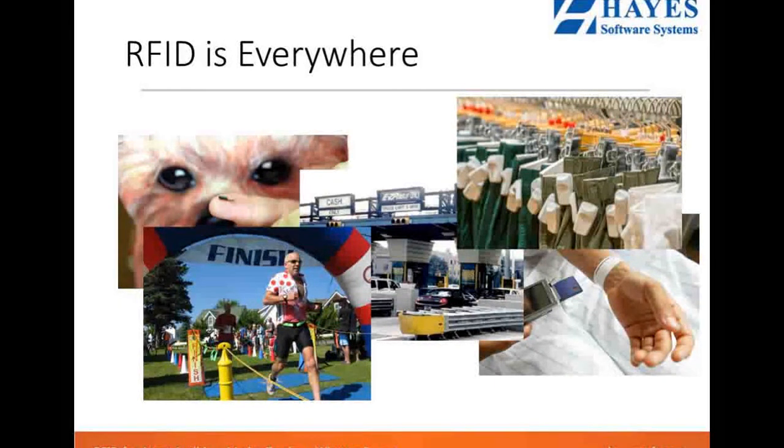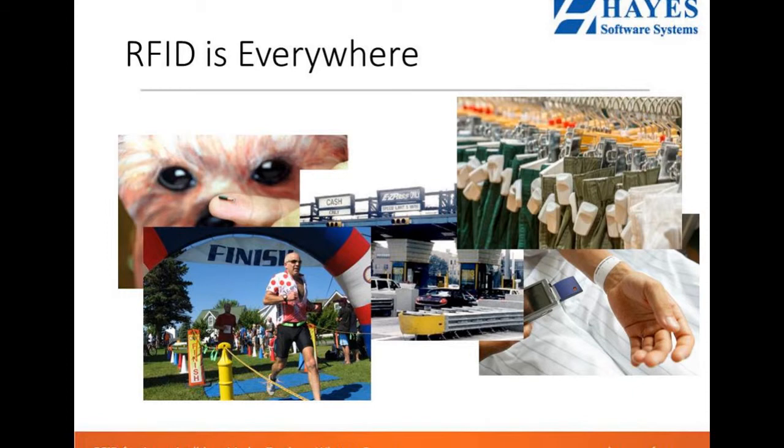RFID is used for everything from tracking pets and patients in a hospital. It may sound trite, but the applications are limited only by people's imagination. The most common applications are payment systems like your mobile speed pass and toll collection systems, for instance, access control gates, and asset tracking.